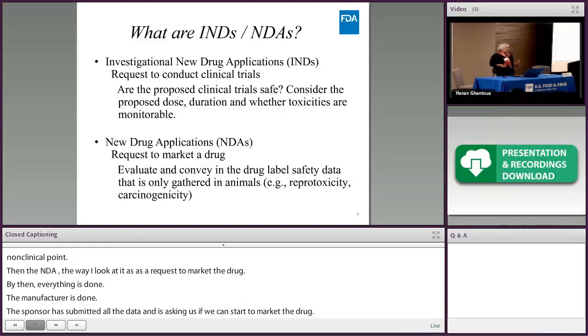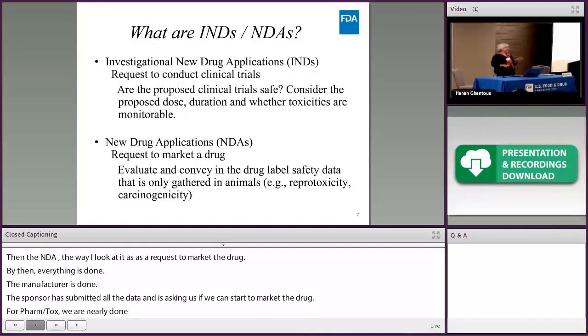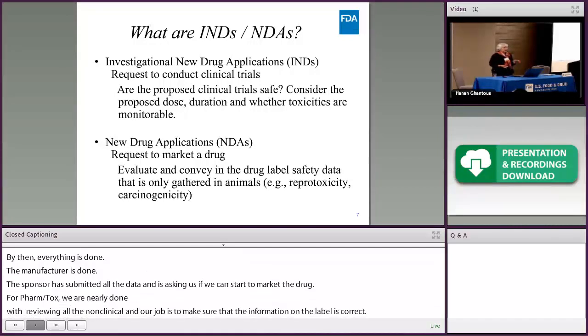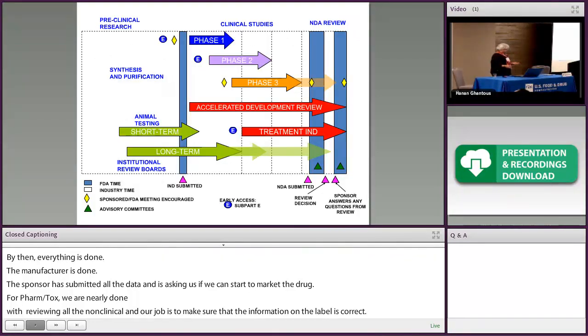Our job is to make sure that the information on the label is all correct. Because if you're familiar with our labels, there is information there that comes from animal data, which is the carcinogenicity, mutagenicity, and reproductive effects. These are all from animal data. So that's our responsibility to make sure it's all correct.